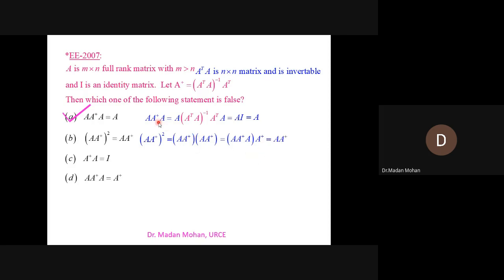Now, using the first one, this A A plus A is nothing but A. I applied this. This is A into A plus, which is also right, using the first one. Next, the third one, A plus into A. A plus is nothing but this into A. Because it looks like B inverse into B, and B inverse into B is I only. Finally, we remain with this. It is your answer. Which of the following is false? You are asked.